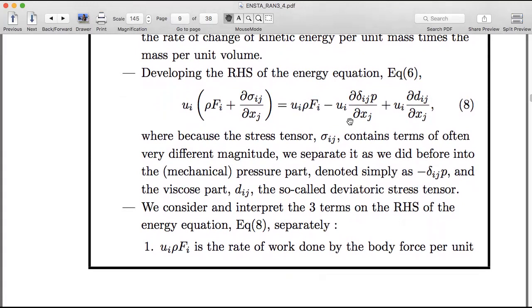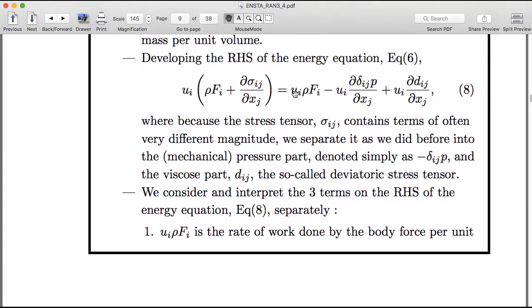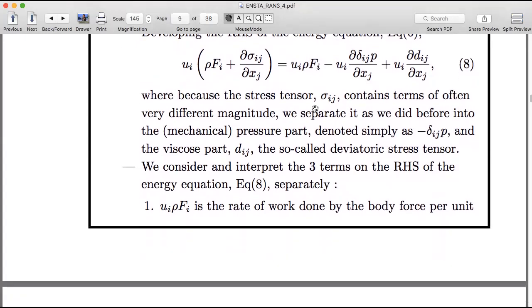Okay, so I'd like to interpret these 3 terms on the right-hand side of equation 8, one at a time. So here's the velocity times the density times the force, the body force, expressed as a force per unit mass.